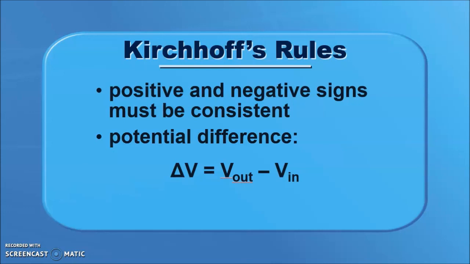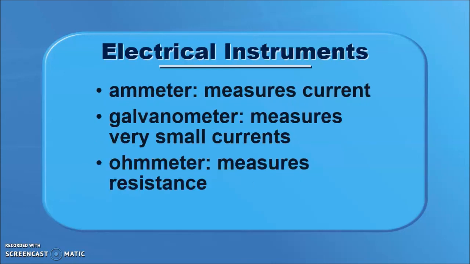Okay, almost done. The last thing we need to talk about are a few different commonly used electrical instruments whenever working with circuits. To calculate any quantity associated with a circuit, you must have some information. You will usually obtain this information by using instruments to detect basic quantities.